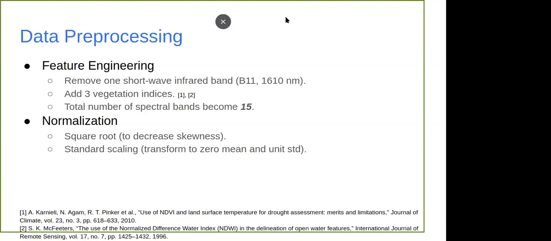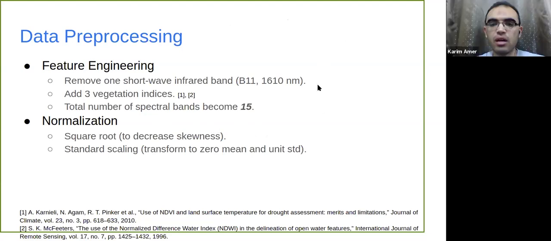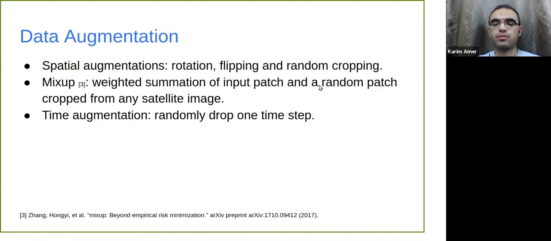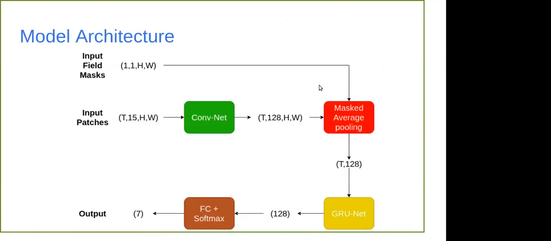Okay. All right. So we also have another question. Can you explain in a little more detail how 15 features got to 128? Can you give an example of some of these new features? I think the 15 features would be the channels.